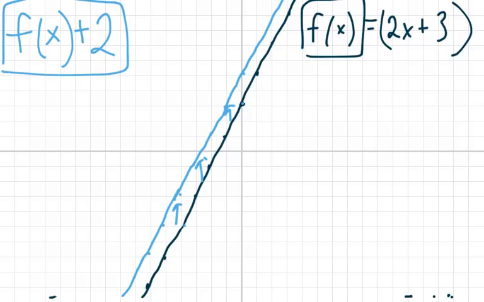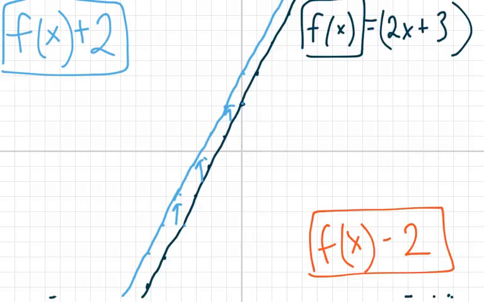On the other hand, let's say I want to graph f of x minus 2. I'm going to take each point on the graph and I'm now going to bring it down 2. I'm going to take another point and bring it down by 2. Take another point and bring it down by 2.